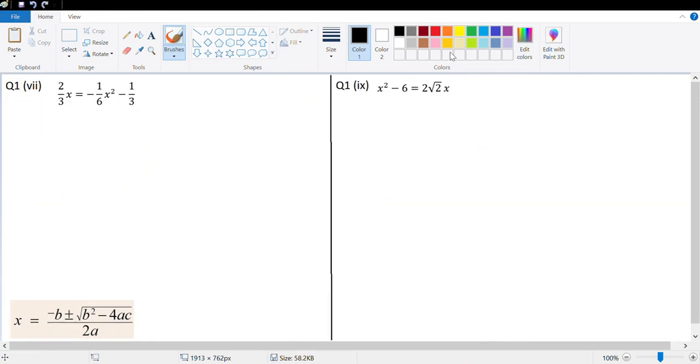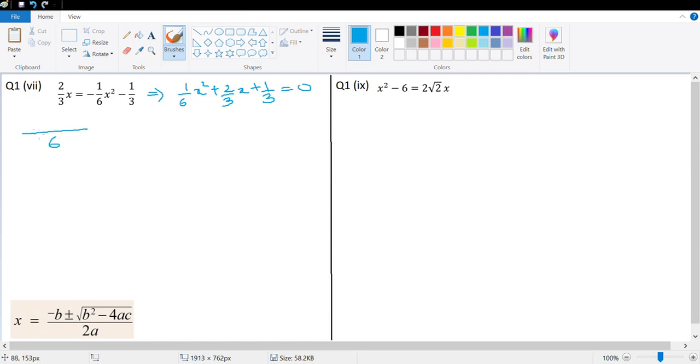The next question that we do is question number 1, part 7. It says 2 by 3 x is equal to negative 1 upon 6 x square minus 1 by 3. Okay, so let's bring everything on one side. So this will be 1 by 6 x square plus 2 by 3 x plus 1 by 3 is equal to 0. Let's take the LCM.